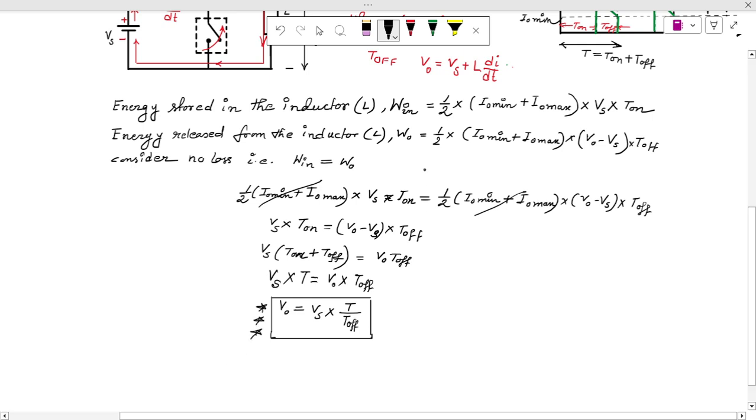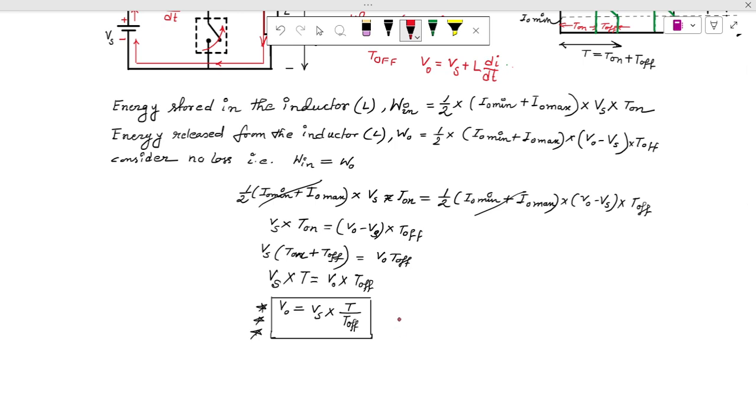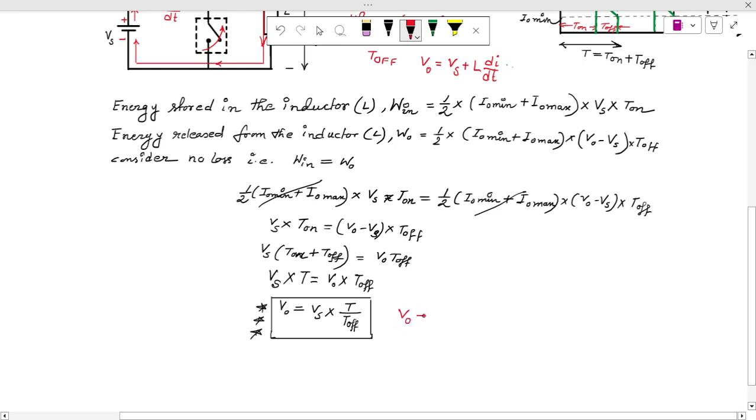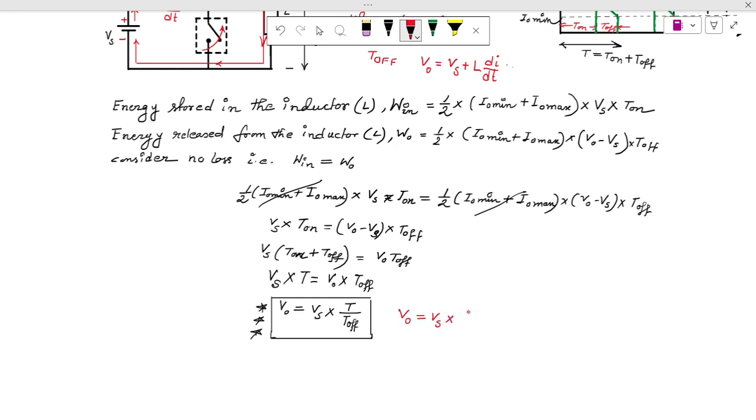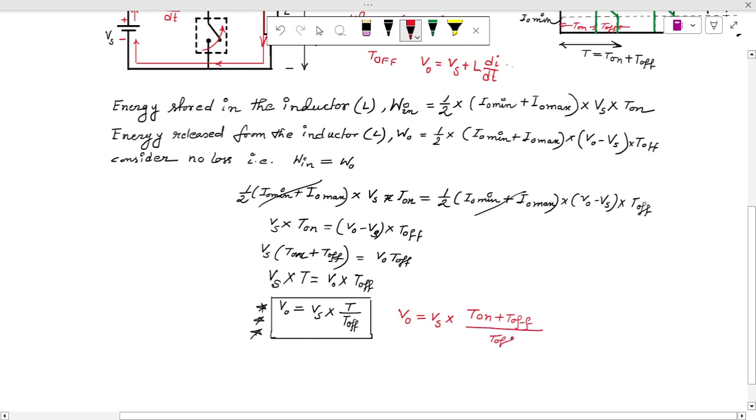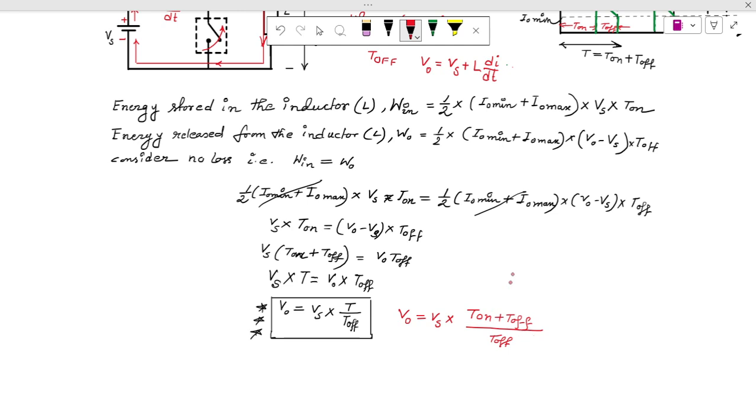And this formula you can simplify in such a way: V naught is equal to Vs into T by T off. Here, T is equal to T on plus T off. So you can say T on by T off plus one, but in such a way it will not be good.